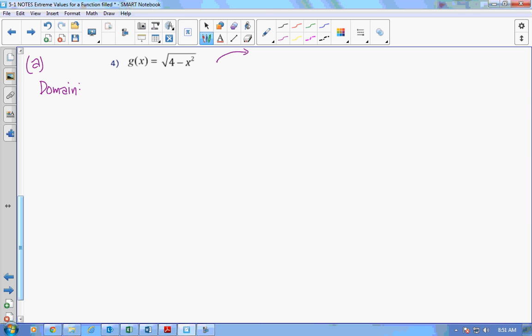We can't take negative square roots. Can you take a square root of 0? Yeah, so you want to know, when does this inside equal 0? Plus and minus 2. Yep. So, equals plus and minus 2. What does that mean for our domain?